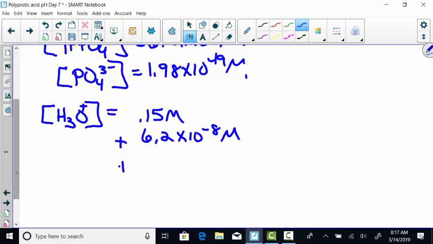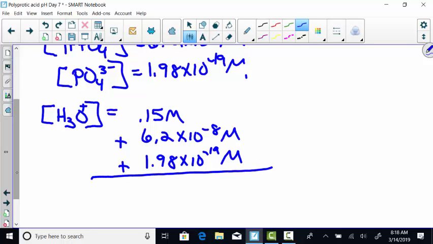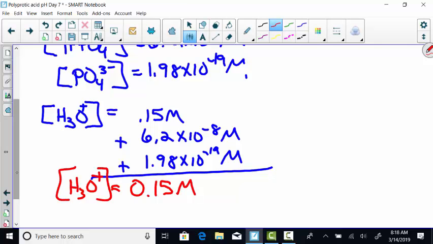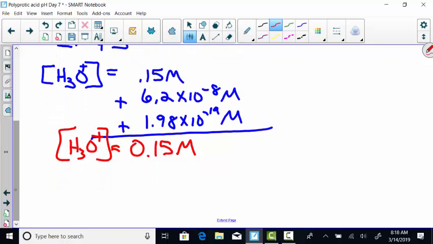And then to that, we should add what we got in the third step, which is this 1.98 times 10 to the minus 19th molar. When you add all of those numbers up, you still get 0.15 molar for your H3O plus concentration. So the H3O plus concentration never changes after the first step.